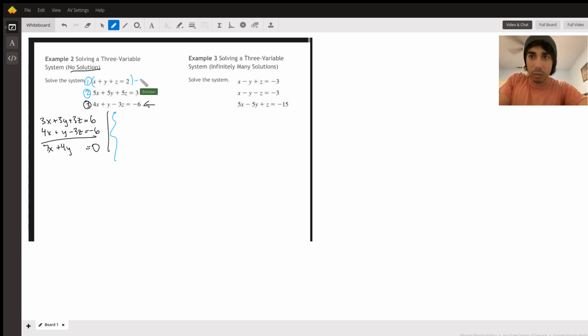Because I want this to become a negative 5z, so that when I combine it with the positive 5z in equation 2, it's going to be eliminated. Yes, I could have done equations 2 and 3, but that's a 5 and a 3. Whenever you have a coefficient of 1, that's the equation you want to use in both of your eliminations. That's why I'm using equation 1 both times. And the fact that I'm multiplying it by negative 5, it's still equation 1, even if you're multiplying it all the way through by a certain number. That does not change the actual equation.